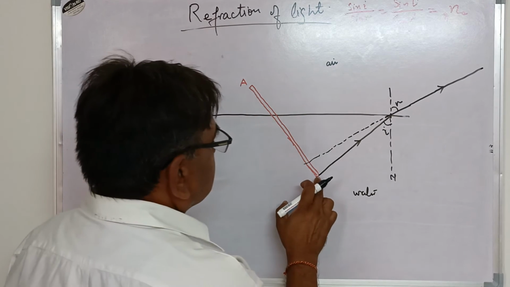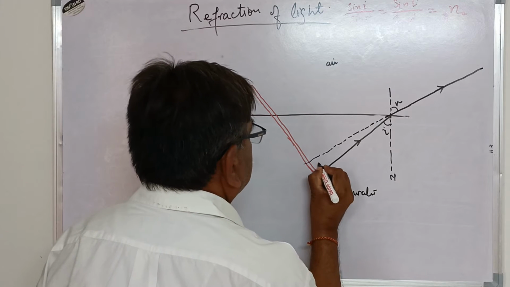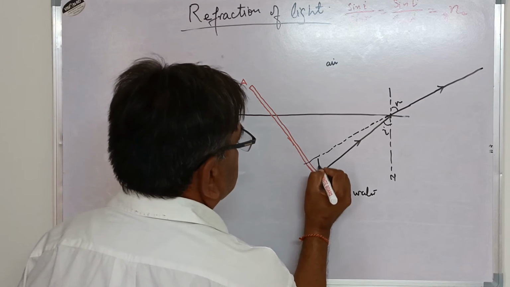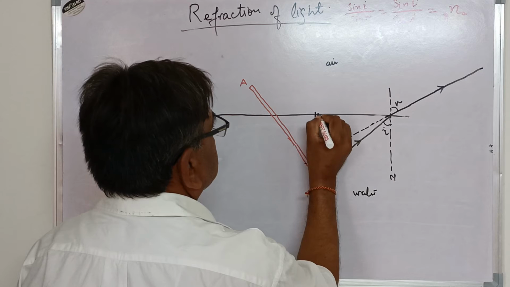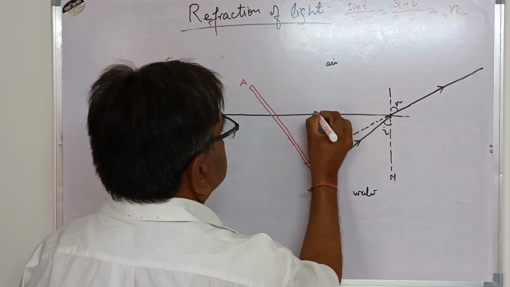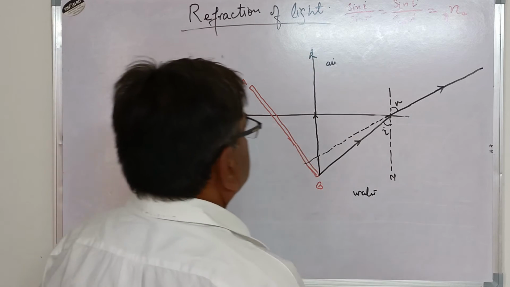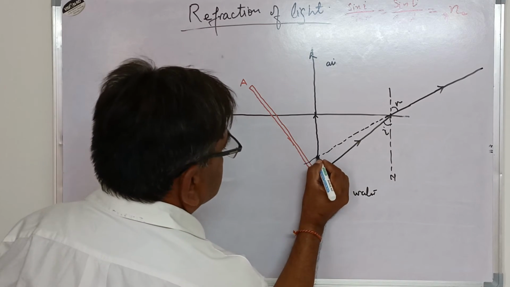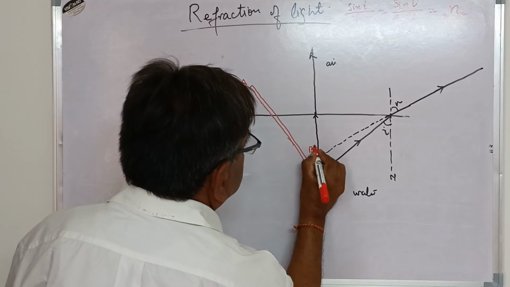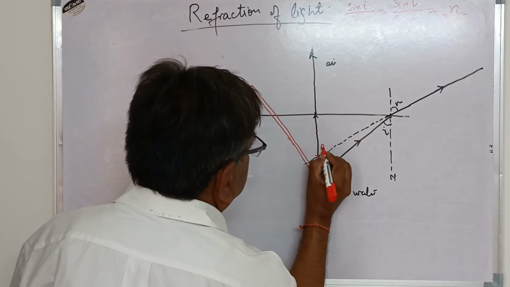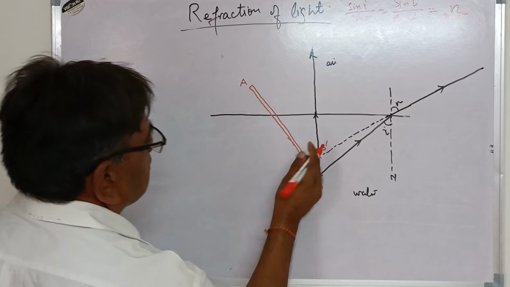If you take another ray to form this image, a vertical ray starting from point B, the actual stick point, it goes here. It normally strikes the boundary, so it is not deviated. Here both rays cut, so this will be the point B dash.